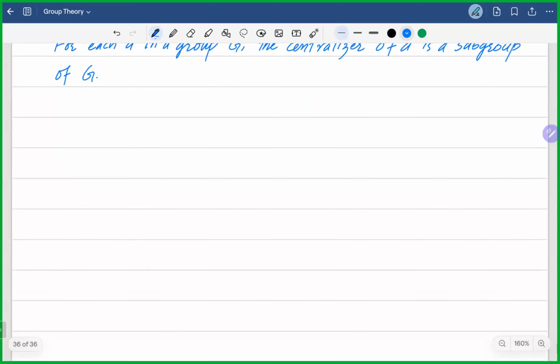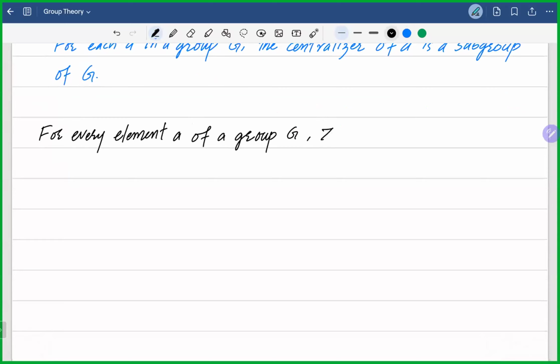A few terms. For every element A of a group G, the center of G is a subset inside the centralizer.